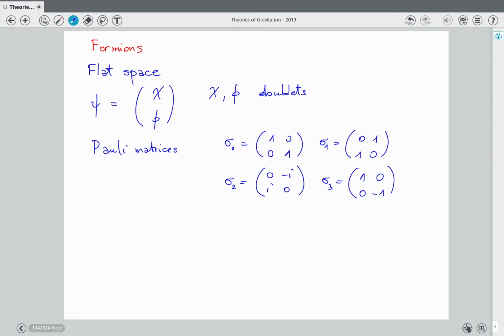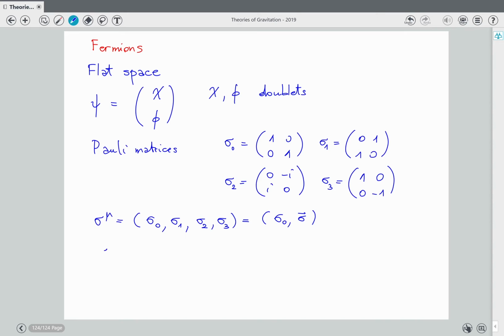We build a sort of vector by means of those, that we write also as sigma 0, sigma vector. Sigma vector is the triplet sigma 1, sigma 2, sigma 3.